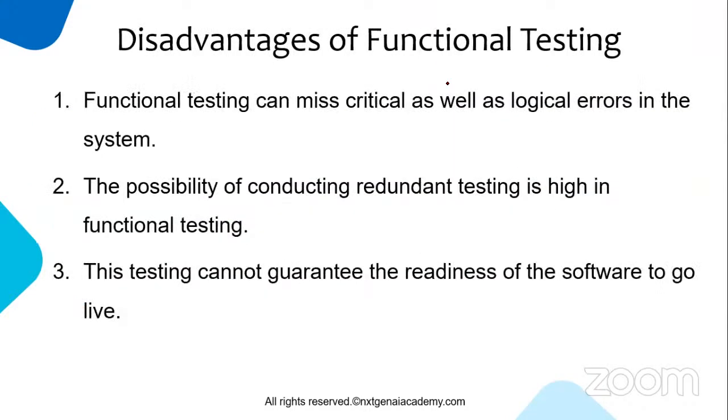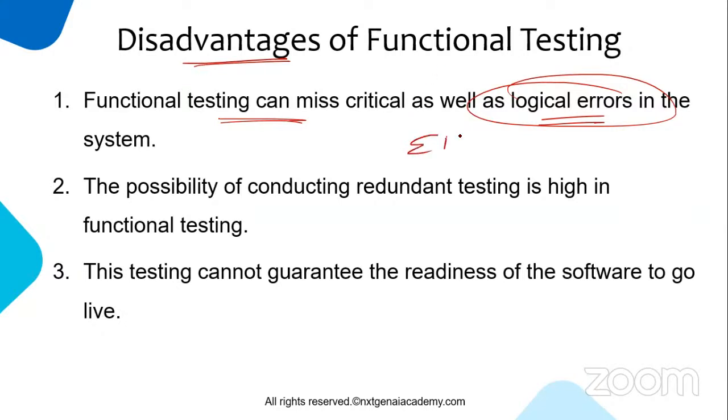Well, an easy, straightforward point. Disadvantage: sometimes we think about functionality, but not the logical errors. For example, you have to calculate the EMI of a month, the EMI of a loan.